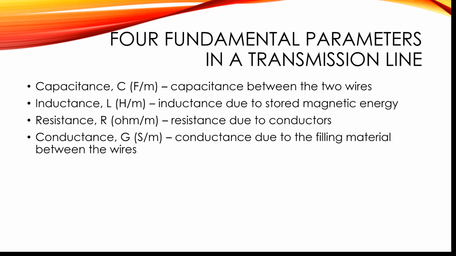Resistance is due to the conductors because of their material property or build. Conductance is due to the filling material between the wires. So when we coil the wire or surround it with rubber or some other coating, this serves as a conductance.